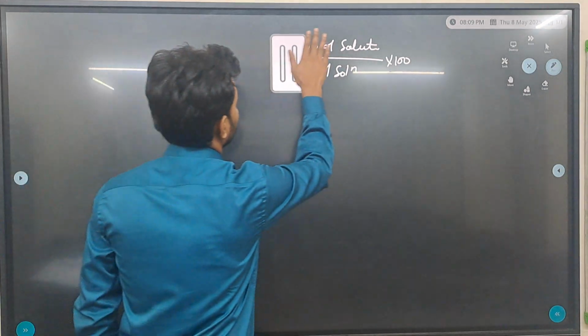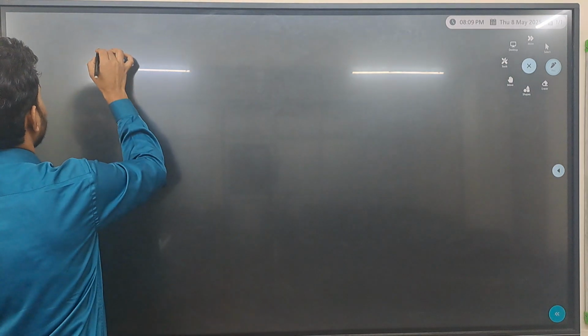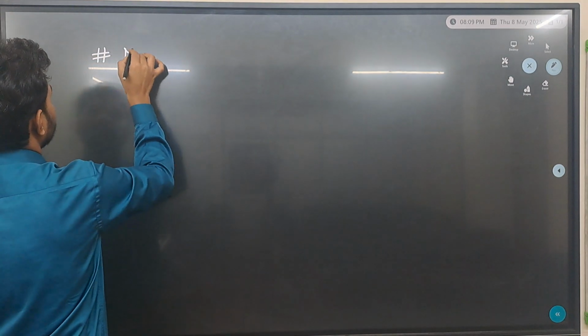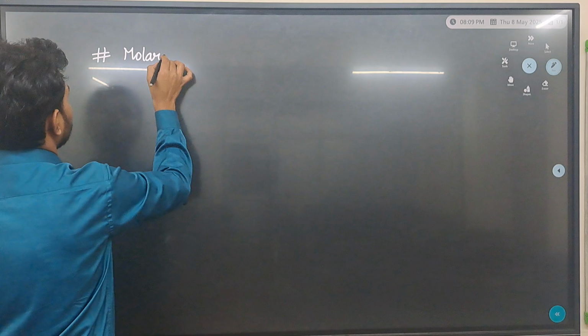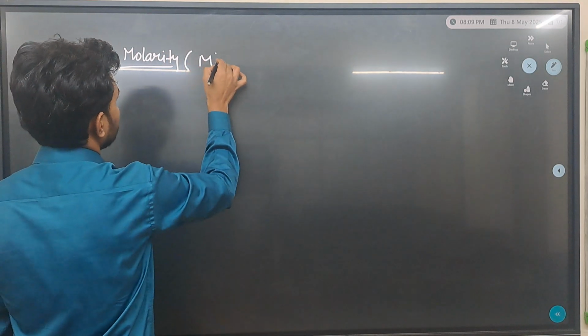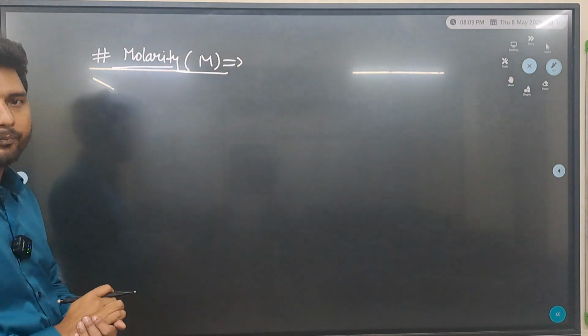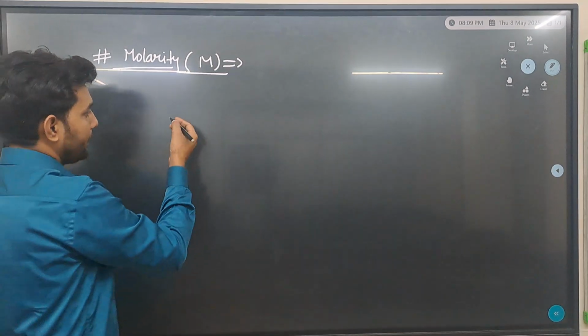Next is molarity. This is important. Molarity is represented by capital M. So, what is molarity?